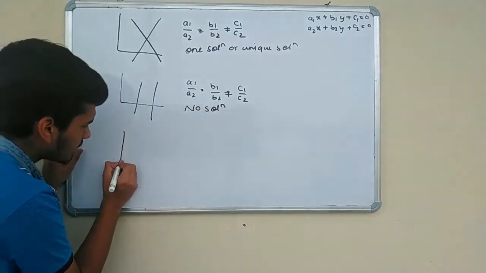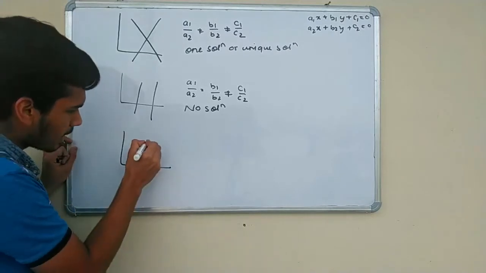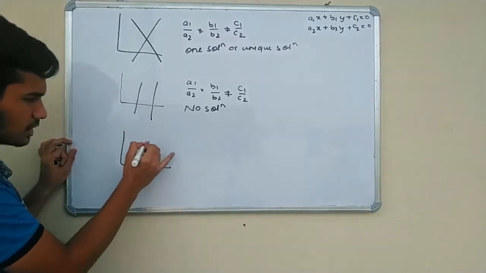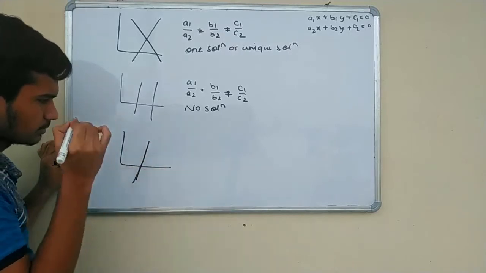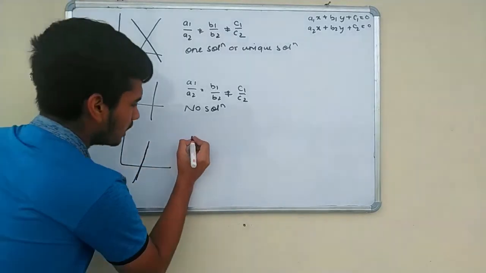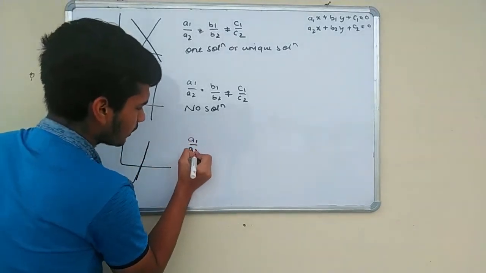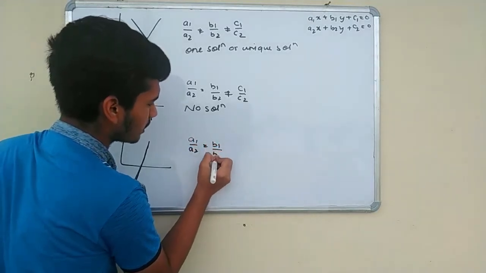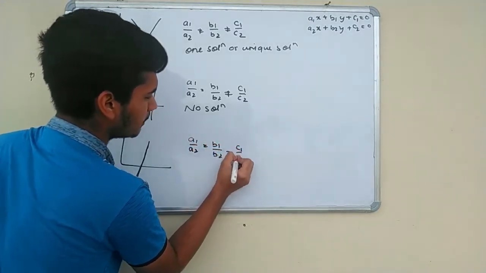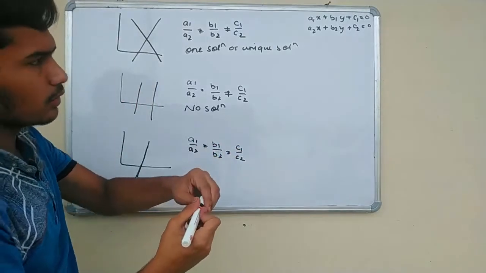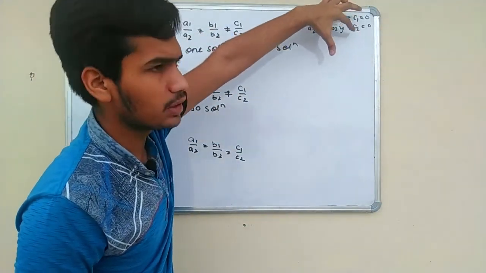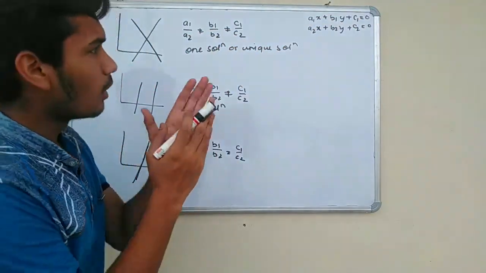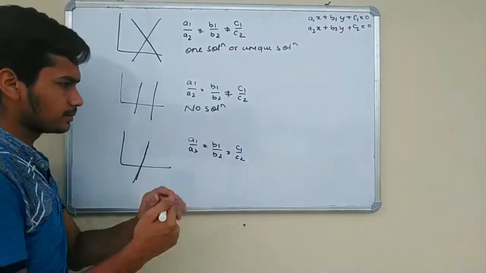Similarly, for coincident lines, meaning overlapping lines, if the line of the first equation is this, then the line of the second equation will overlap upon this. Understand? So the condition is a1 upon a2 is equal to b1 upon b2 is equal to c1 upon c2. It means the ratio of coefficients of x, the ratio of coefficients of y and the ratio of constant terms, all three are equal.